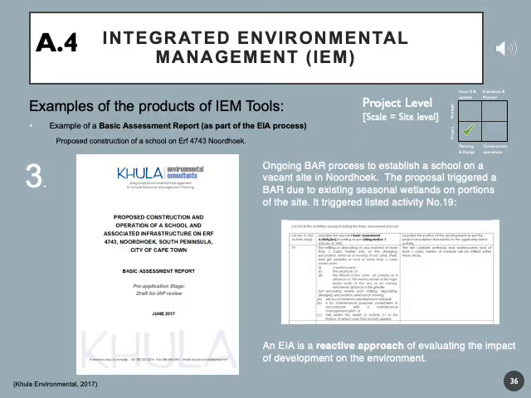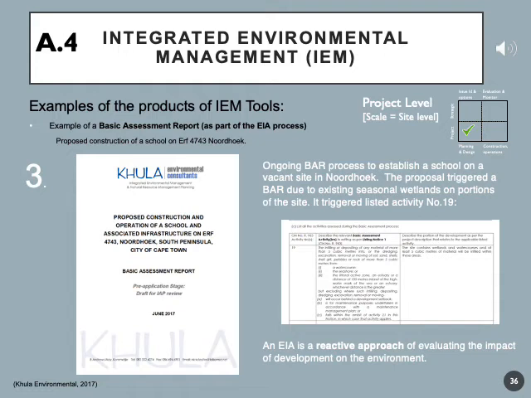The third example is an environmental impact assessment, but it's not the full-blown EIA, it's the mini EIA called the basic assessment. This is at a project level, site-specific, right? So this is a basic assessment that's been done and ongoing at the moment for the proposed construction of a school on a vacant piece or greenfields in the suburb of Noordhoek.